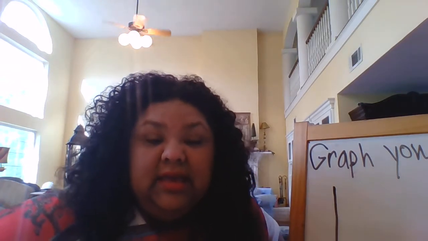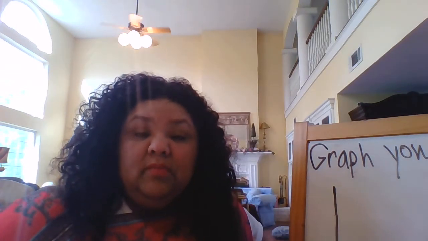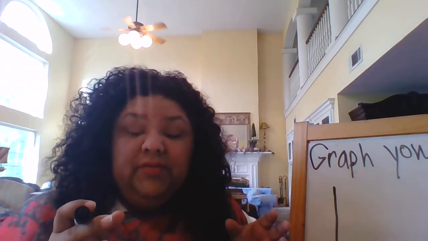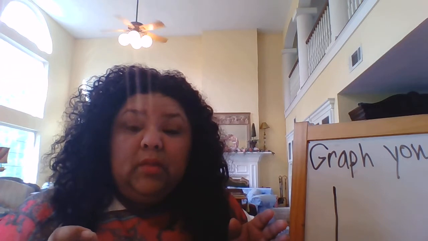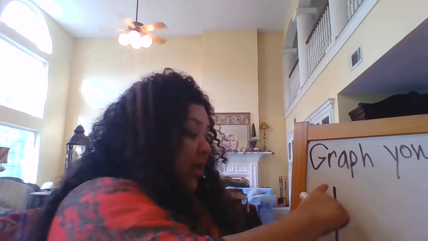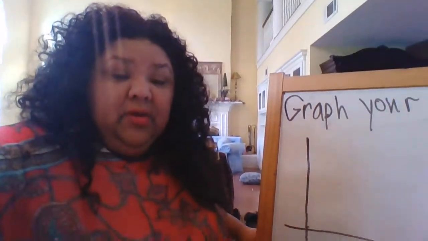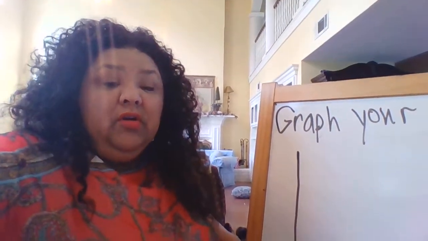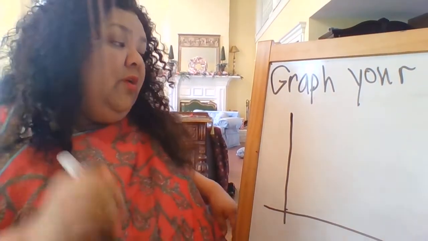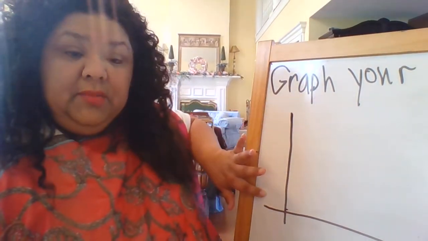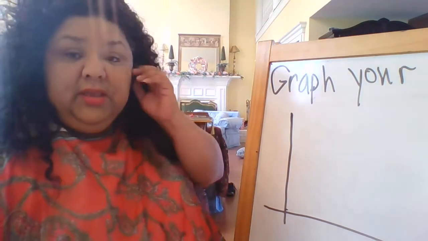And data is all of the information that you need about a certain topic recorded in an organized way. And here is our organized diagram, which is our graph. Usually you have information coming down here and information coming across here.